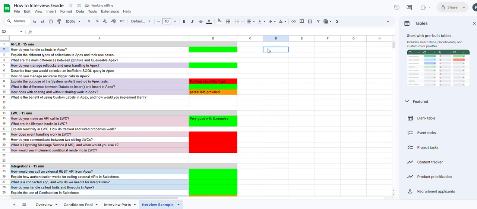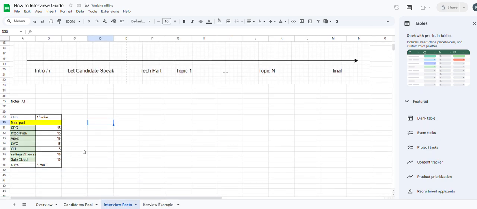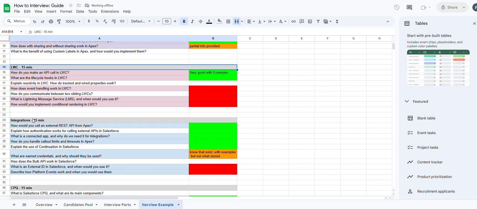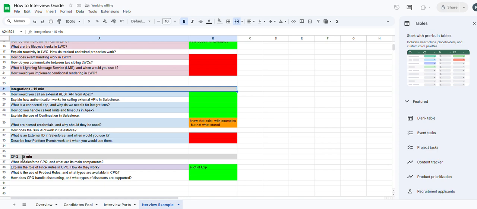Then we have something called an interview example or interview template. So what does it mean? If we have already identified that for our interviews we need to do something like this, right, we have each topic, and for each topic we have a dedicated time assigned. In that case, we could provide something called an interview template. The interview template contains each topic, and each topic has a specific time frame that we could use.